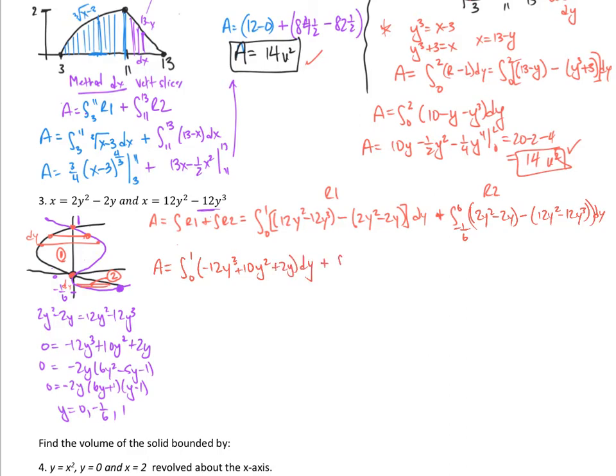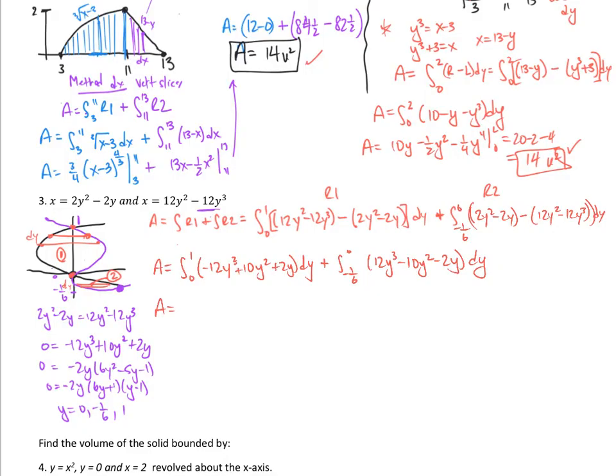And then region 2 will be from negative 1/6 to 0. And that one comes out to be 12y cubed. It's actually going to be the opposite of all of these in sign, minus 10y squared, since we're subtracting them different, minus 2y dy.